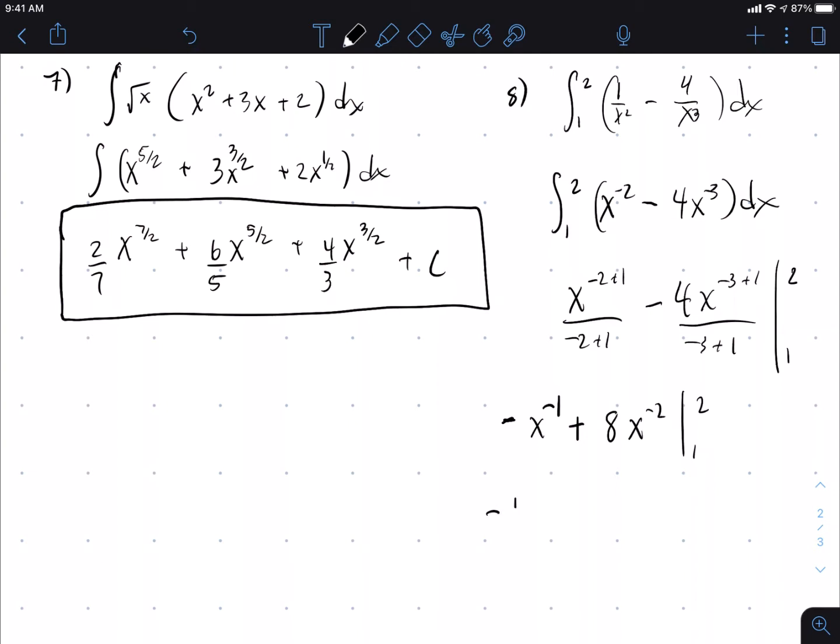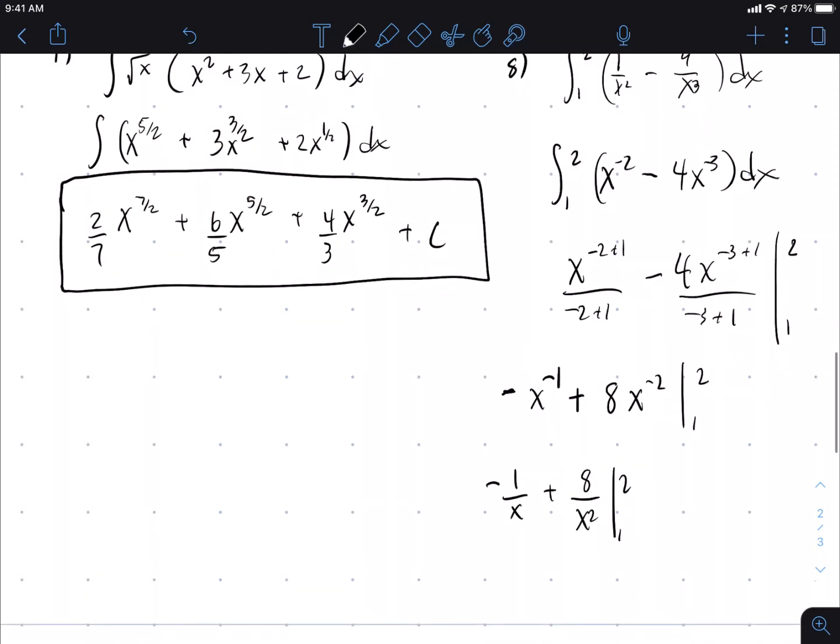I'll rewrite it so it's this way. And now I'll do the bounds. Remember, it's the top bound plugged in minus the lower bound plugged in, right?